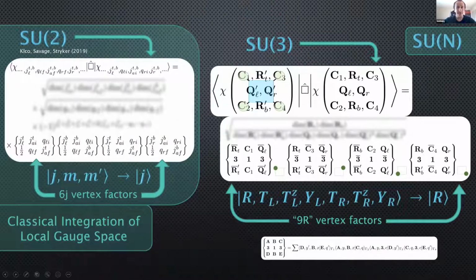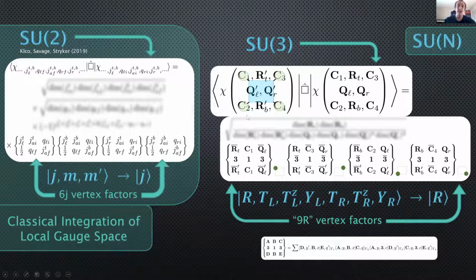Like I said, this has previously been investigated for SU(2) gauge theories. In the work by Klco, Savage, and Stryker, it was shown that the matrix elements of the plaquette operator are just given by the product of 6j factors, where you get one for each vertex.